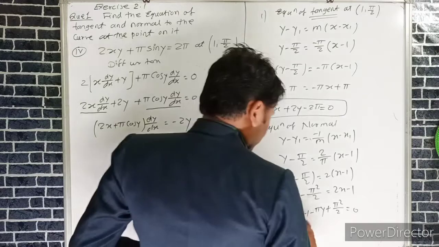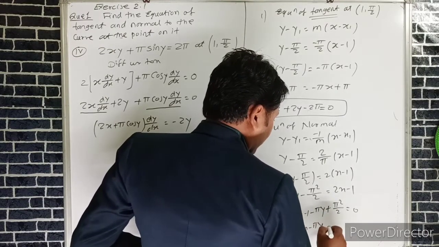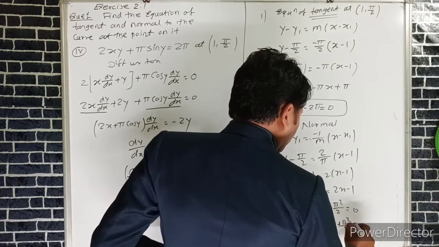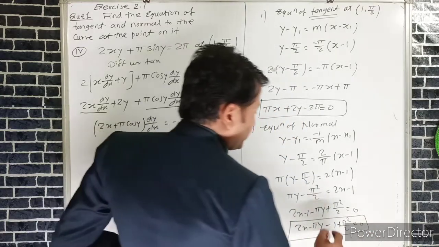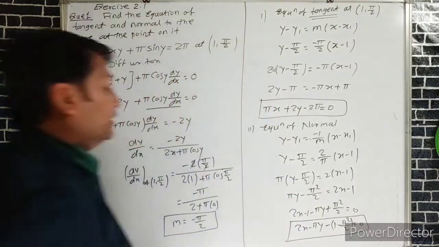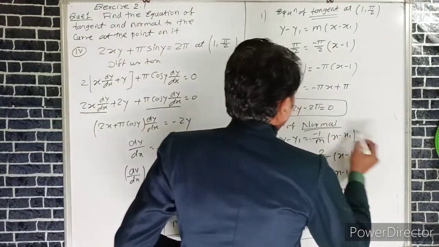So 2x minus pi y minus 1 plus pi square by 2 is equal to 0, which is the required equation of normal.